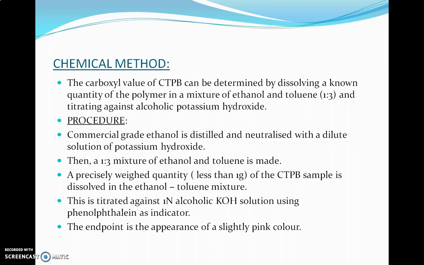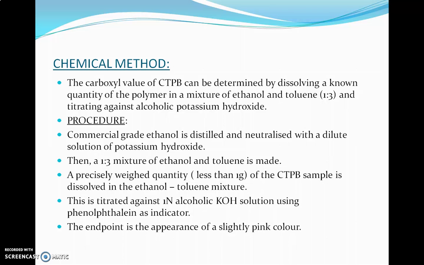Then the solution containing the polymer and the ethanol toluene mixture is titrated against about 1 normal alcoholic potassium hydroxide solution using phenolphthalein as indicator. The endpoint of the titration will be the appearance of a slightly pink color.